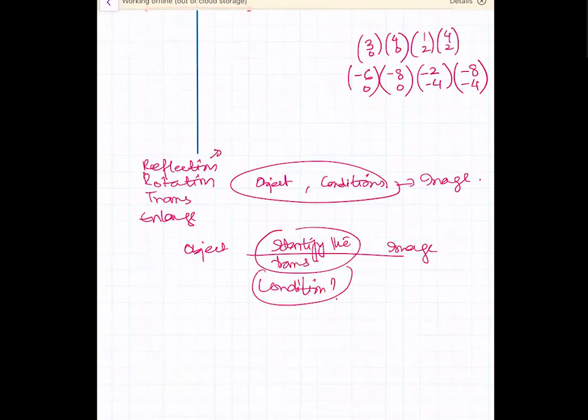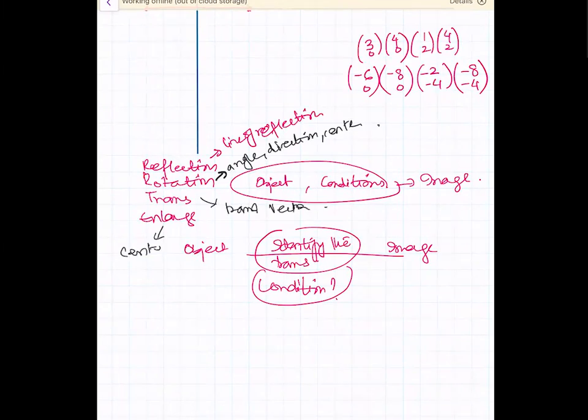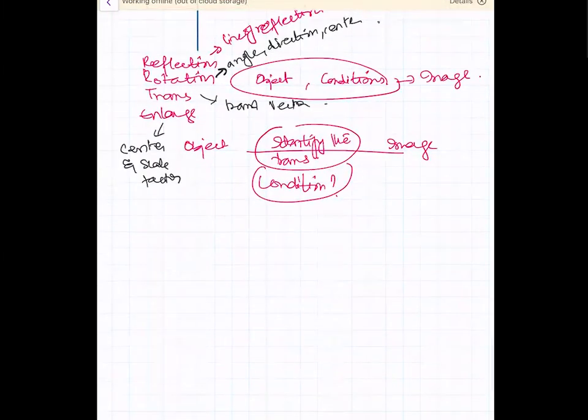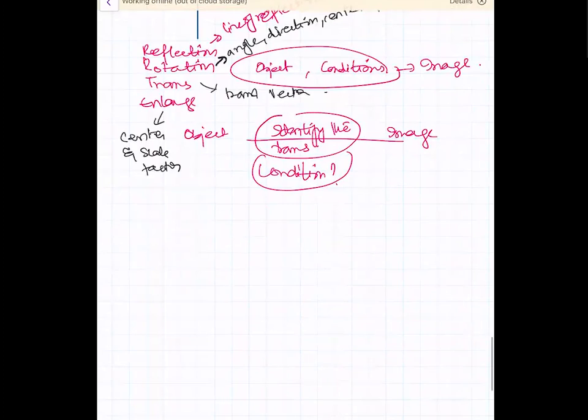Conditions in case of reflection is going to be line of reflection. In case of rotation is going to be angle, direction, center. In case of translation, it's going to be translation vector. In case of enlargement, it's going to be center and scale factor. All right, so we were discussing when you've been given the object and image, you have to write down the conditions.